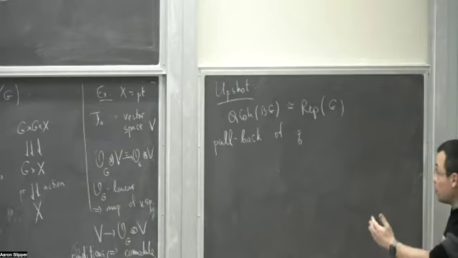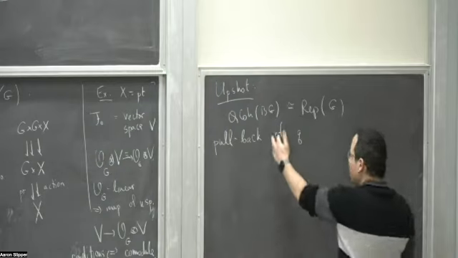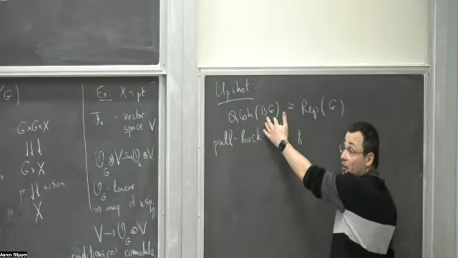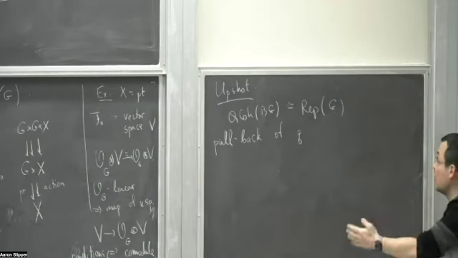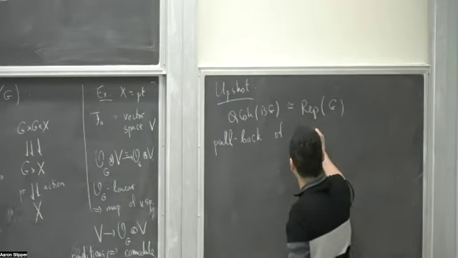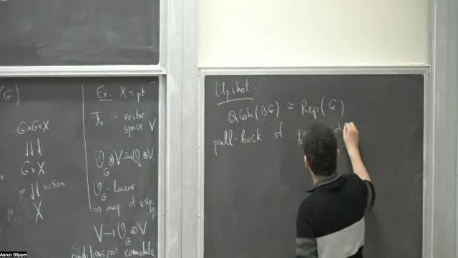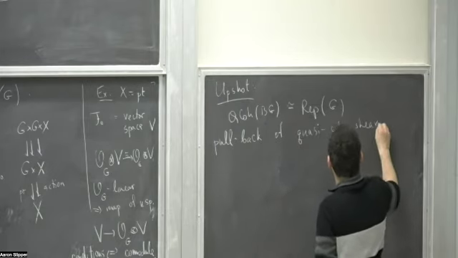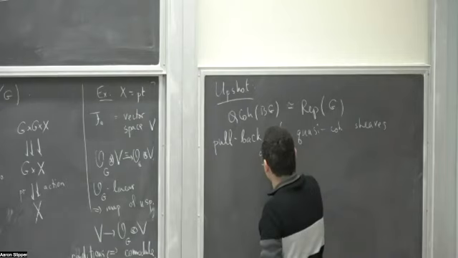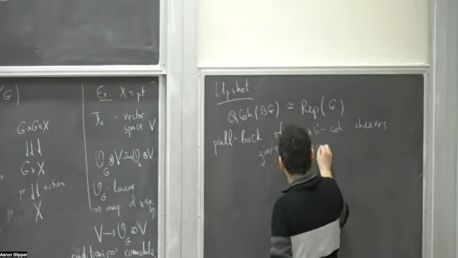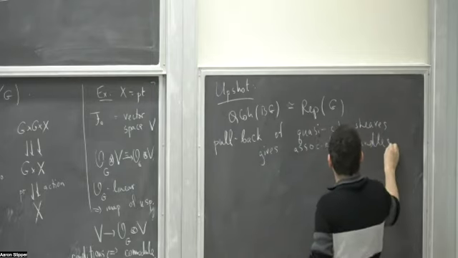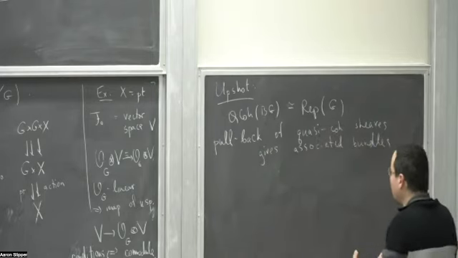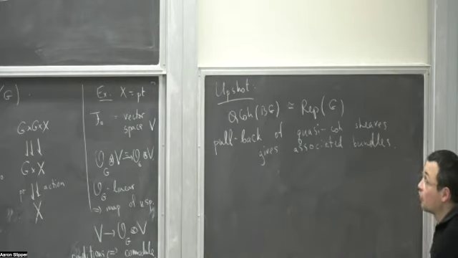But if you want to do it more directly, on BGL_n there's a universal quasi-coherent sheaf corresponding to the defining representation, and you pull that back. This gives associated bundles. So this is the linearized version of that associated bundle construction.